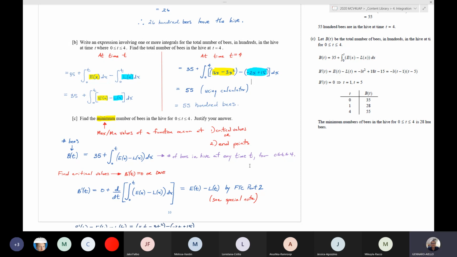Now, the new part to all this is, in order to find critical values, I need to find b prime. I need to take the derivative of that thing. But I've got an integral in there. And so how do I deal with taking the derivative of an integral?